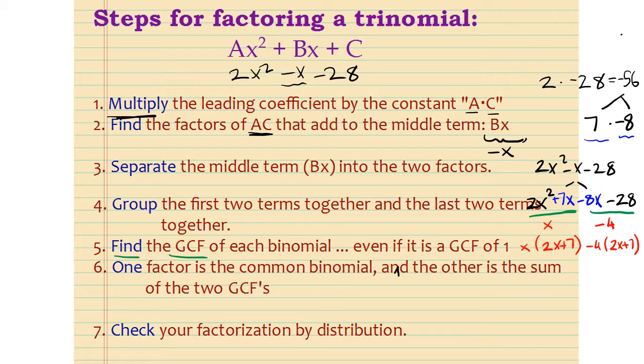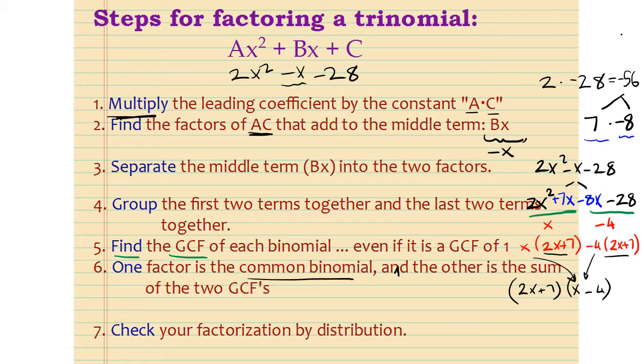At this point, we will group one more time. One factor is the common binomial, and the other is the sum of the two GCFs. Here's my common binomial, 2x plus 7. I will factor that out one more time. x is left from the first one, and negative 4 is from the second one, and we are done with our factorization.